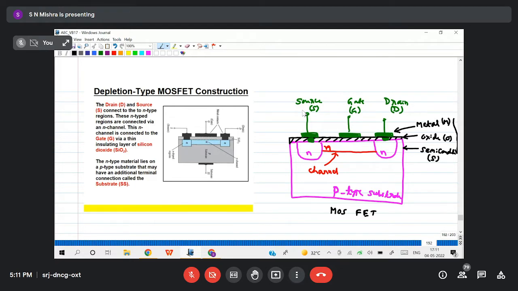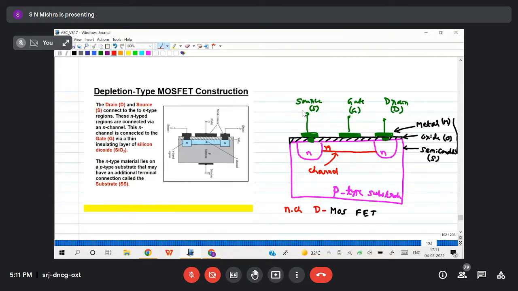Yes, sir. Now, this is the depletion type MOSFET, and the channel is N type. So that's why this is called N channel D MOSFET. This channel is between source and drain.